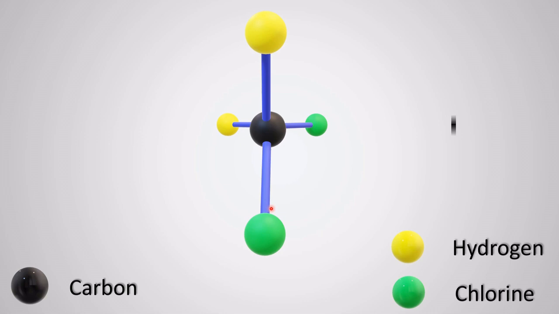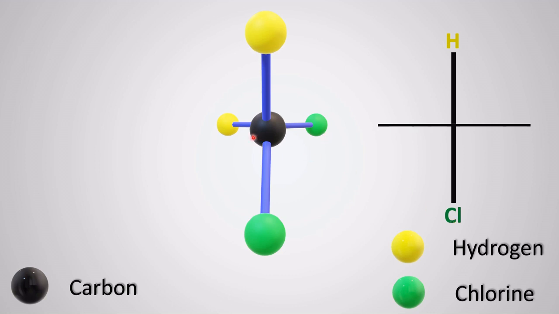Therefore these two groups are in the vertical plane. The hydrogen is at the top and the chlorine is at the bottom. These two groups which are coming towards you are given higher priority in numbering because they are facing the observer.